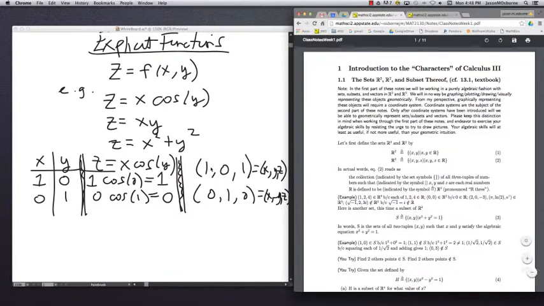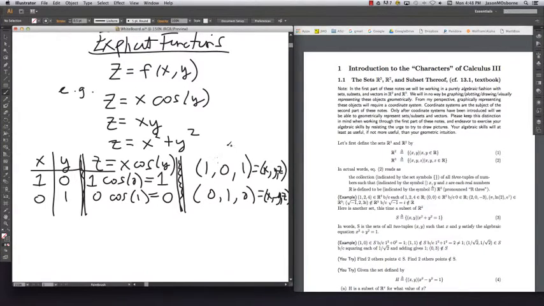What I'm trying to point out with this example is that this symbol right here, 1, 0, 1, is a point in R3 because there are 3 entries: an x value, a y value, and a z value. This is also a point in R3, because there are 3 entries.